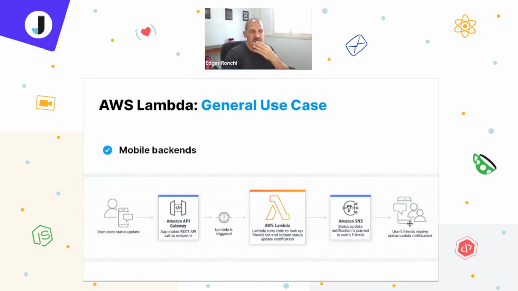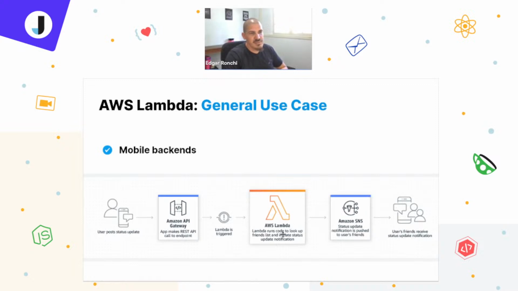It's very common, like what happens in social media. For example, a user posts a status update. You can use the Amazon API Gateway as your trigger for your Lambda, which makes a request to the API to see if there's a post or not. And Lambda can run the code to bring the friend list and initiate the update notification.